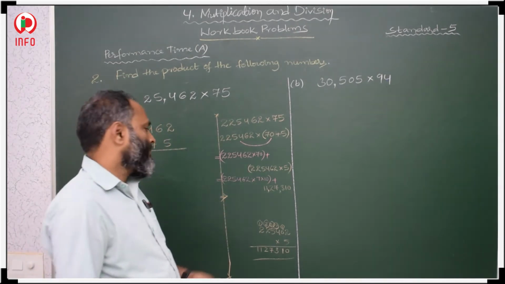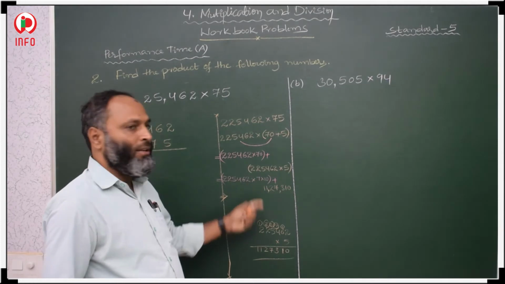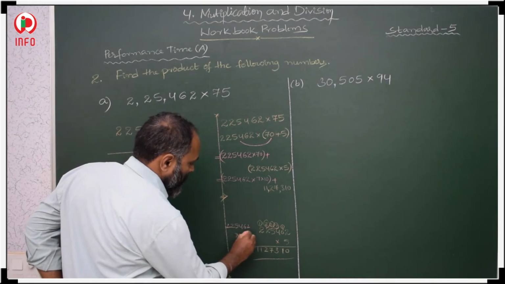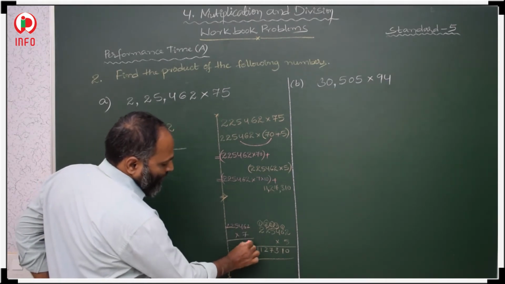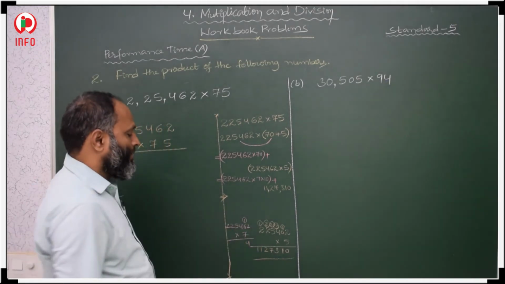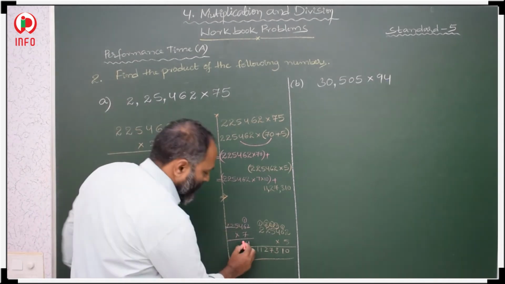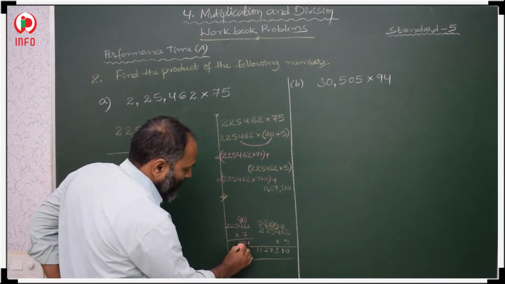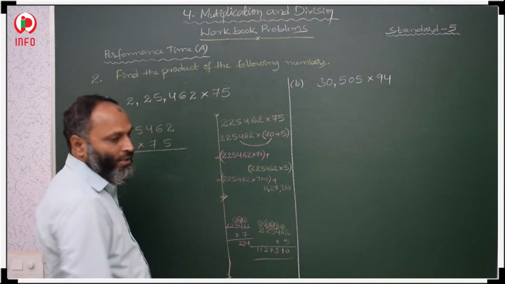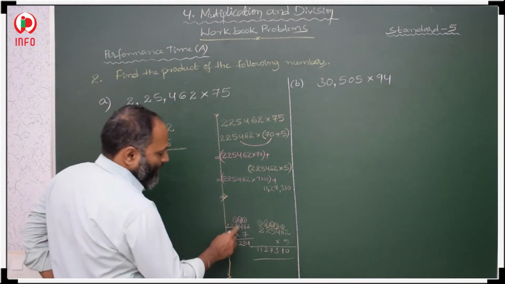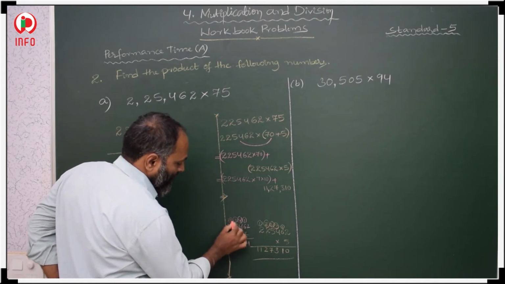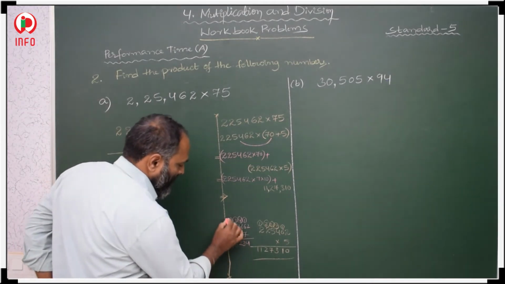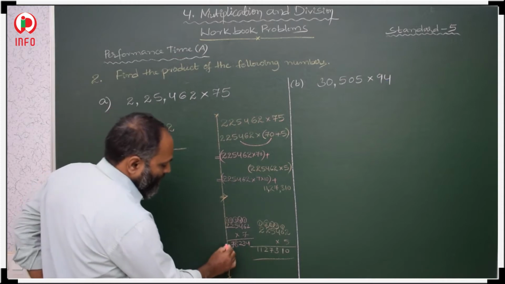Now after that, we have to find the product of 2,25,462 with 7. 7 2s are 14 and 1 here. 7 6s are 42 and this plus 1, 43 and 4 here. 7 4s are 28. 28 plus 4, 32 and 3 here. 7 5s are 35. 35 plus 3, 38 and 3. 7 2s are 14. 14 plus 3, 17 and 1 here. 7 2s are 14. 14 plus 1, 15.